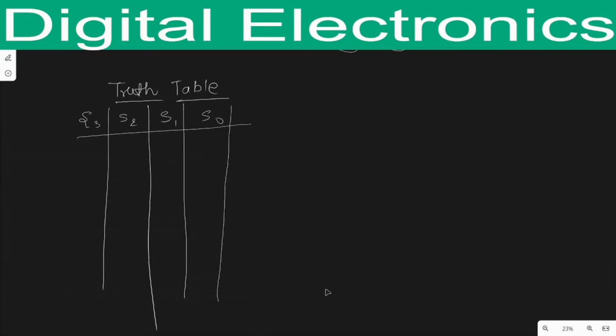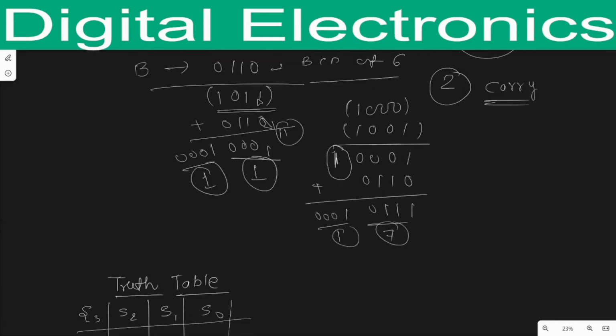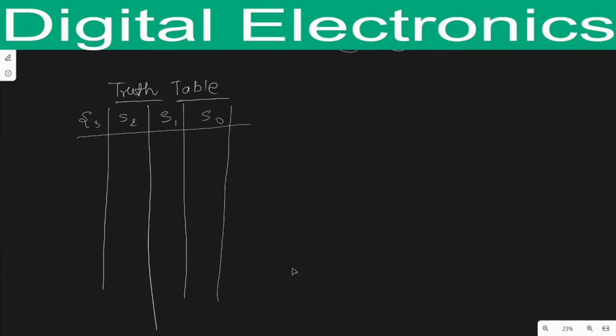This one is the sum. So when we add 6 in the sum, BCD correction is only required when a carry is generated, the first condition. The second condition is when our sum is greater than 9. On the basis of these two statements, we are making a truth table here.